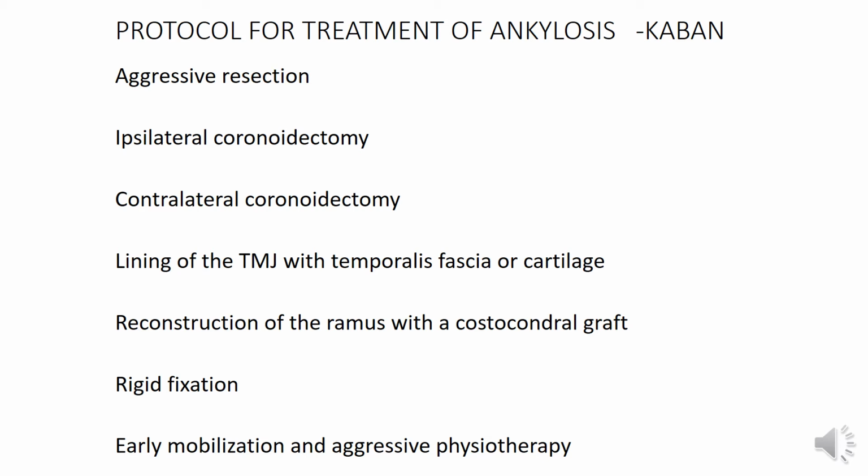To avoid recurrence or re-ankylosis, this fascia will prevent the bone from re-ankylosing. To get the function, it can be reconstructed with costochondral graft and then rigid fixation of the graft so that there is no mobilization of the graft.